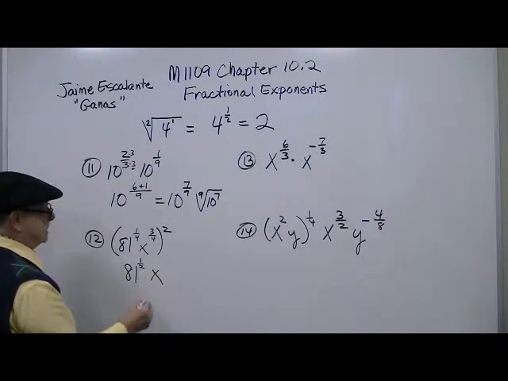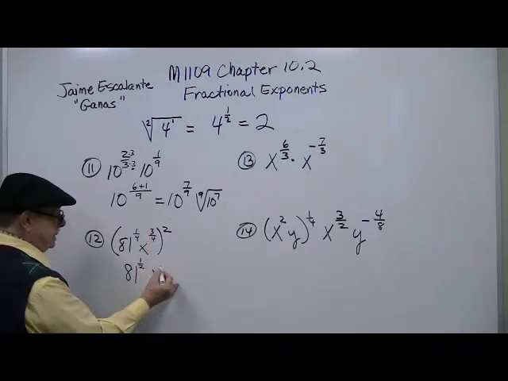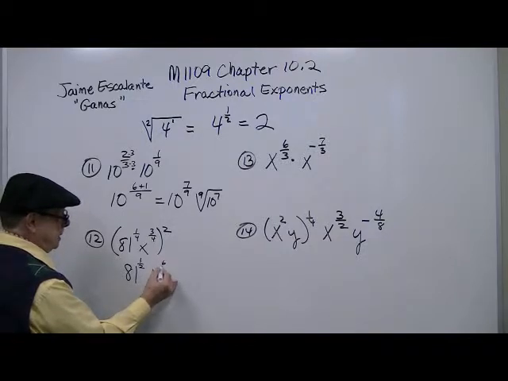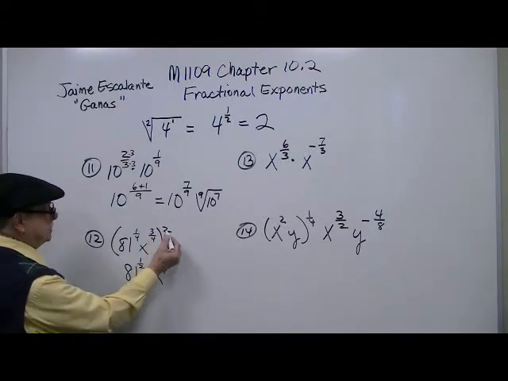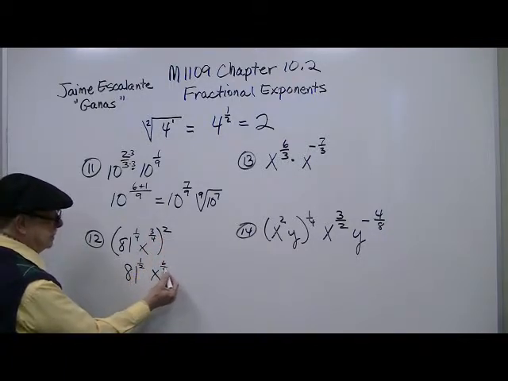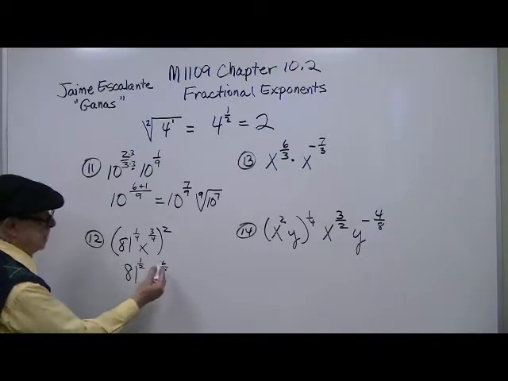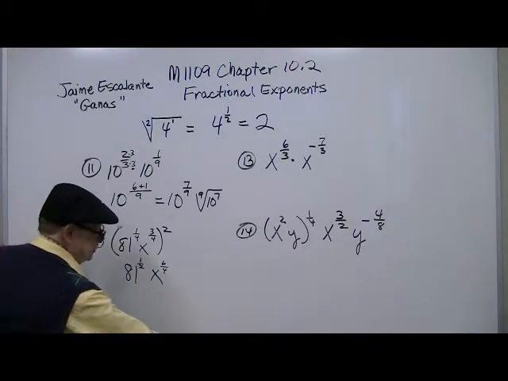And then x, again, this is 6 over 4. So 2 times 3, or we could have canceled, that could have become 3 over 2.